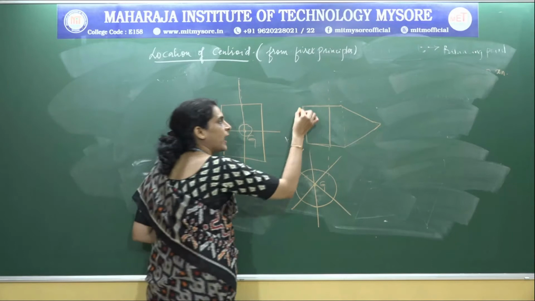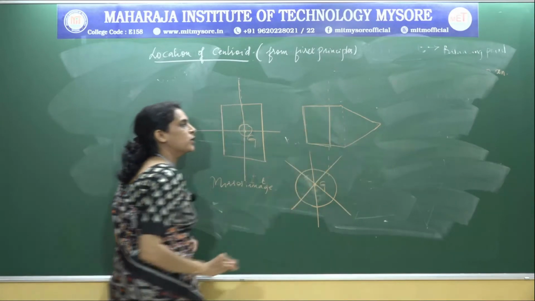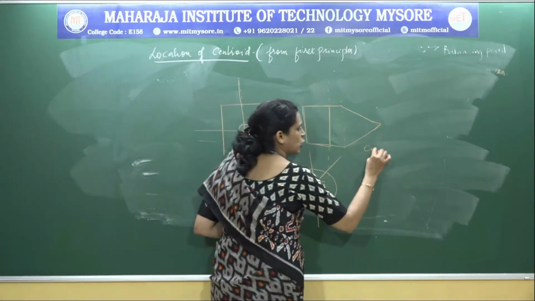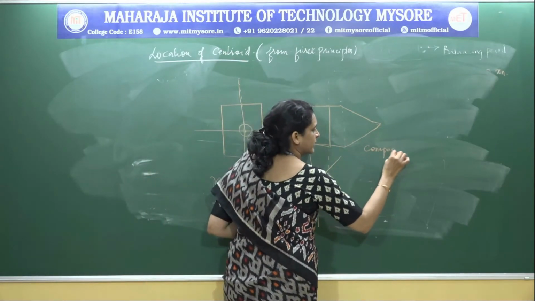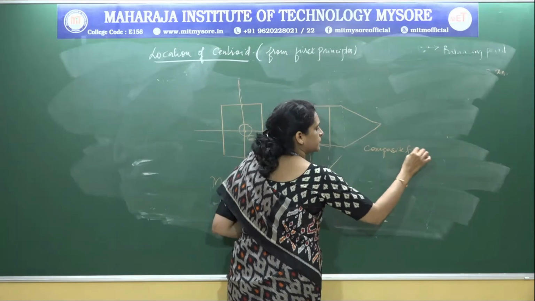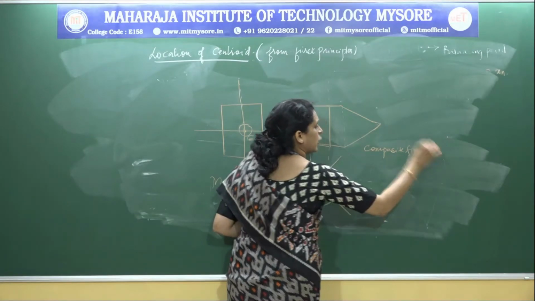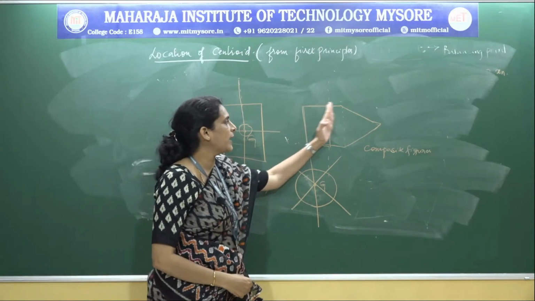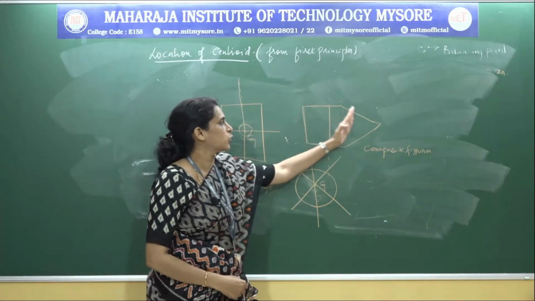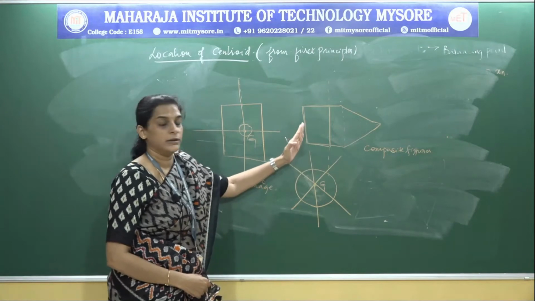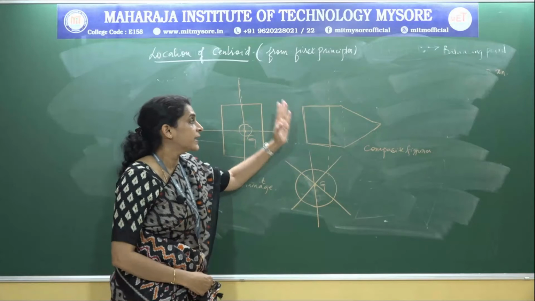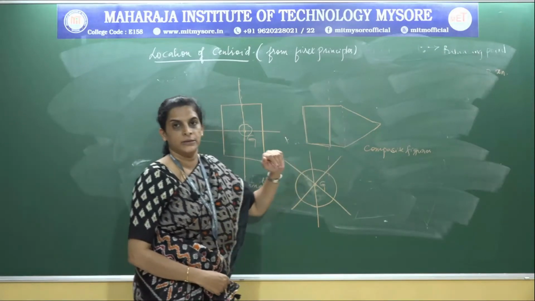So what if I have the combination of geometric figures? We call that composite figures, wherein I calculate the area by dividing the whole area into defined geometric figures.